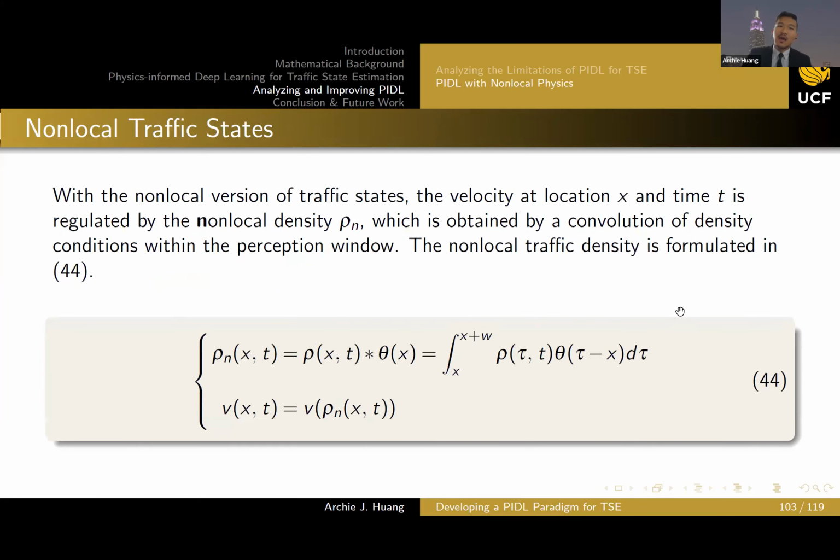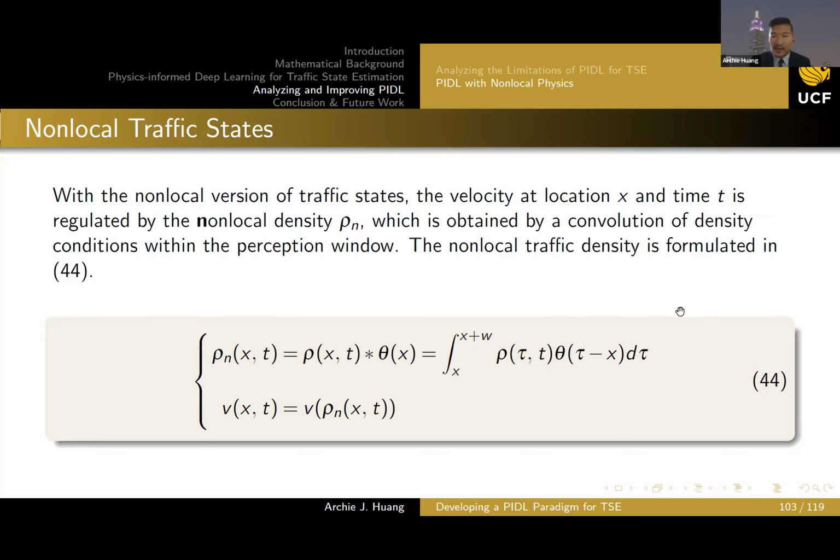Now let's see what the nonlocal traffic state means here. The nonlocal version of the traffic density will include a perception window, which is denoted by the parameter W. We call this nonlocal density rho_n, and it is a convoluted traffic density in this perception window.